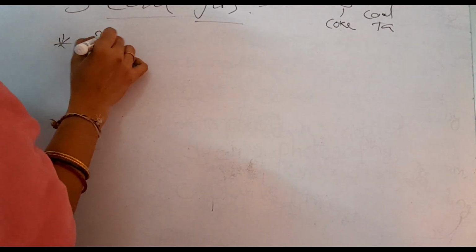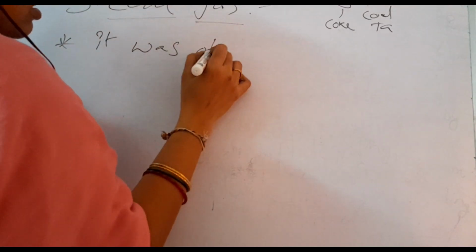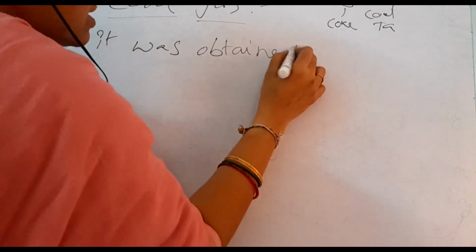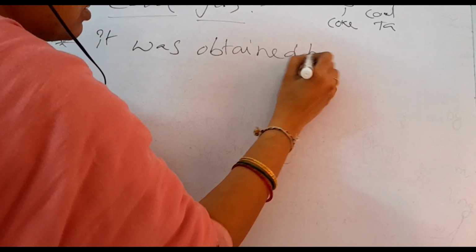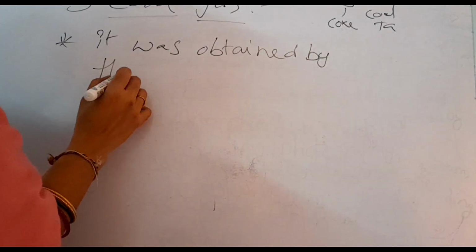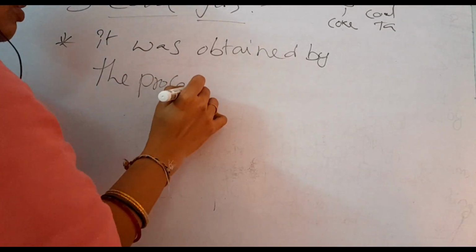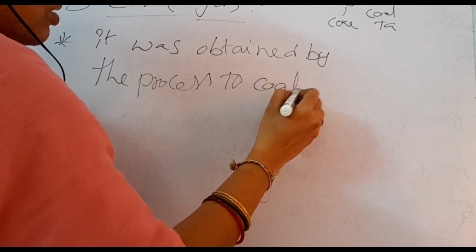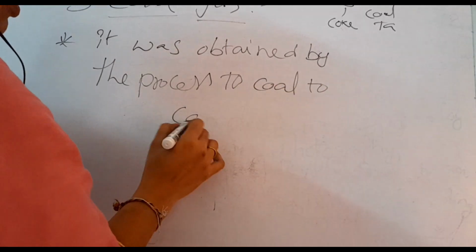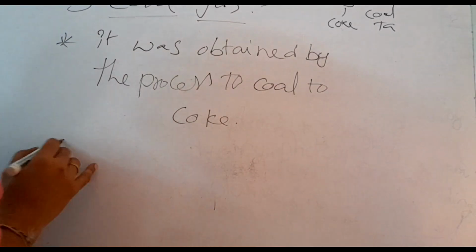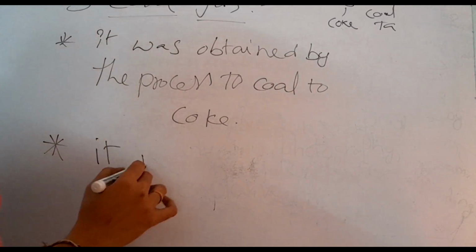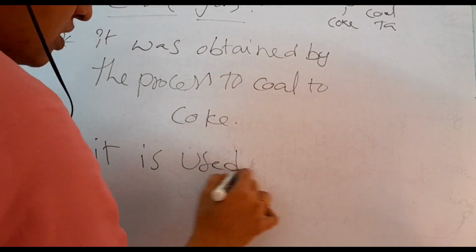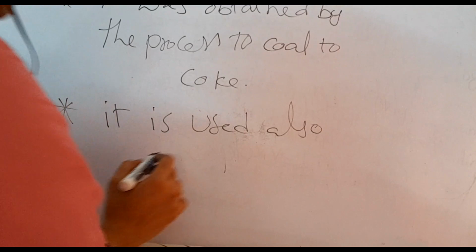It is obtained by the process of converting coal to coke.